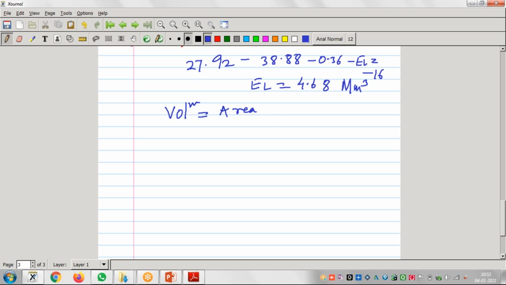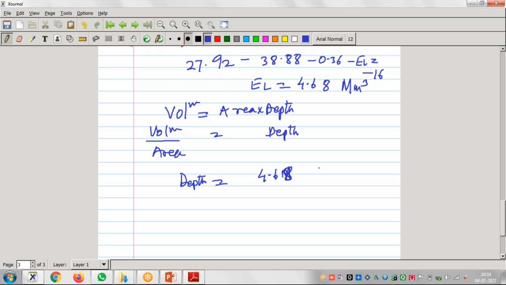So we have to find it in terms of depth. Depth will be equal to volume divided by area. Here depth means depth of evaporation in centimeter.